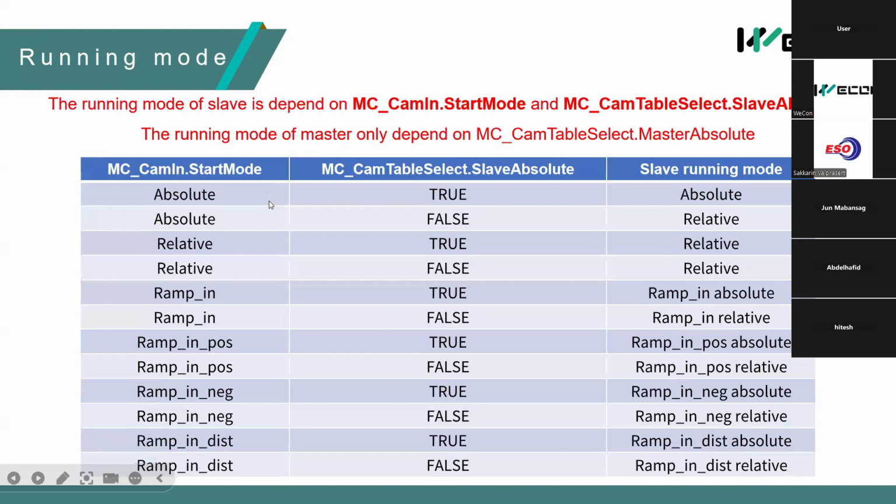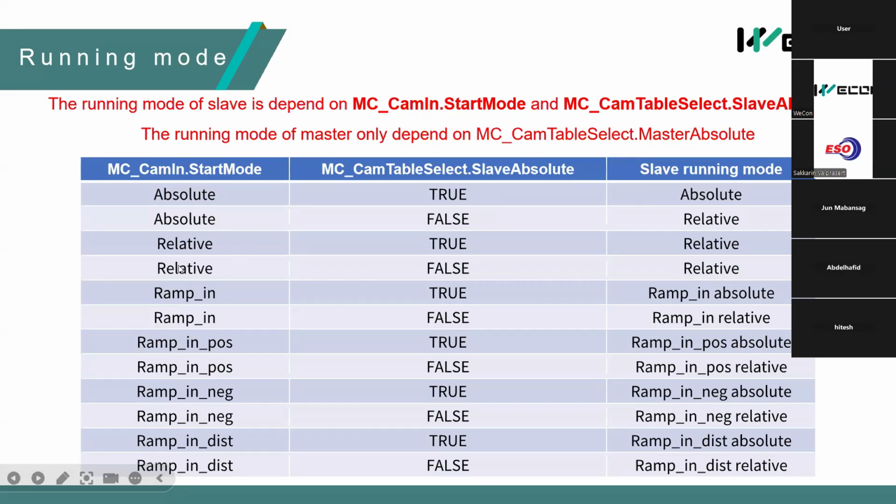And here, this table shows how the start mode and select absolute work together. Here the slave running mode depends on these two parameters, and this table is the relationship between these three parameters. When you set the cam in start mode as absolute and set the MC cam table select absolute as true, then the running state of the slave will be absolute.